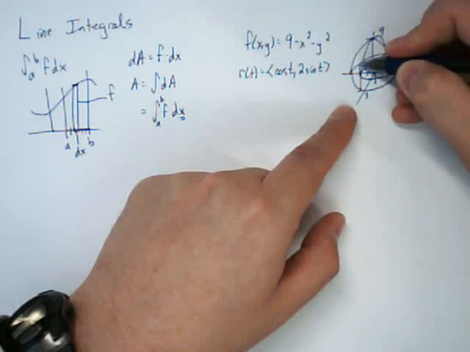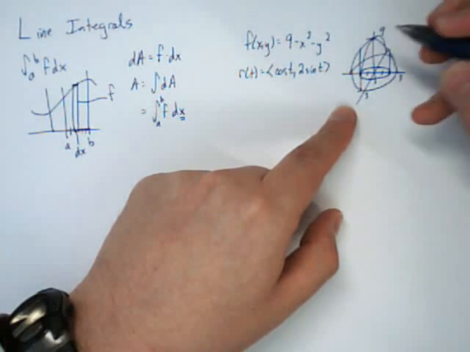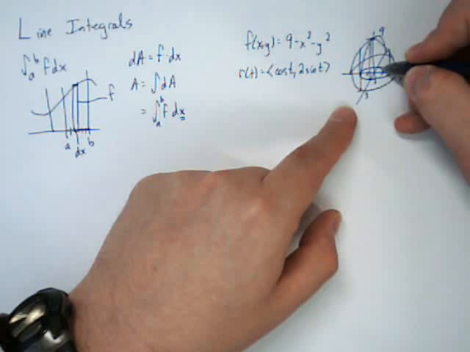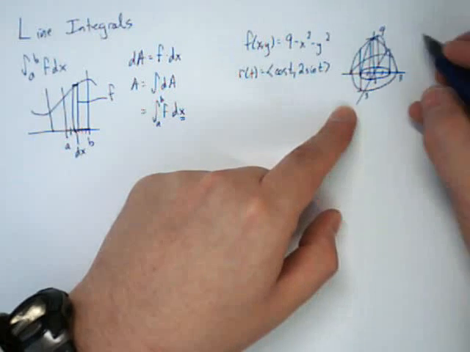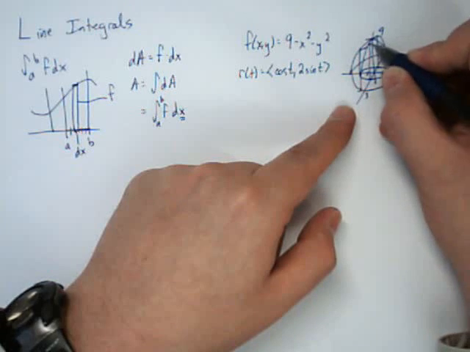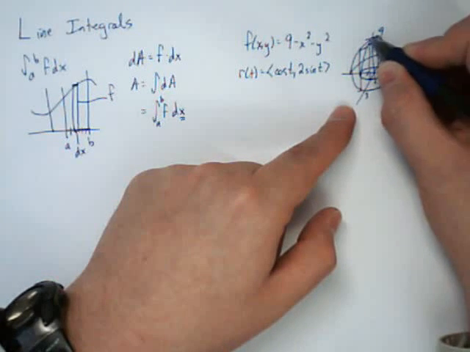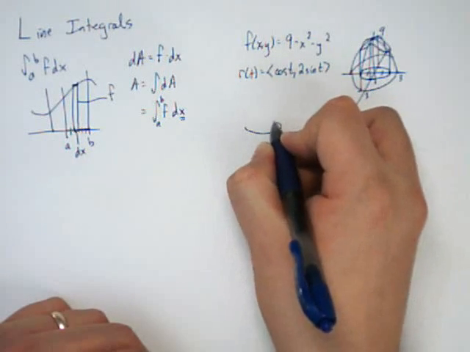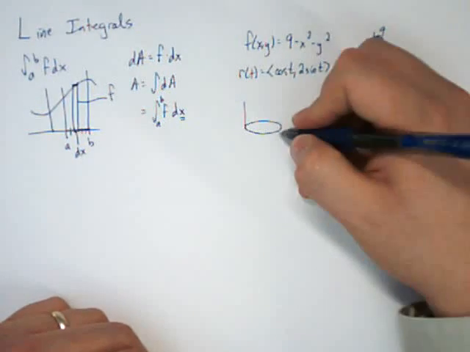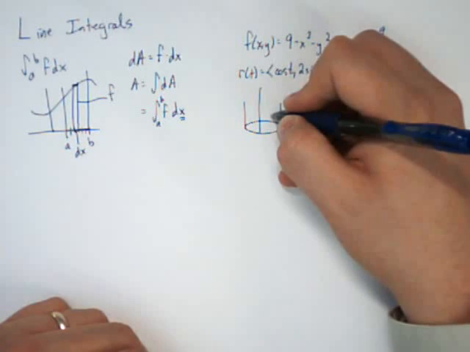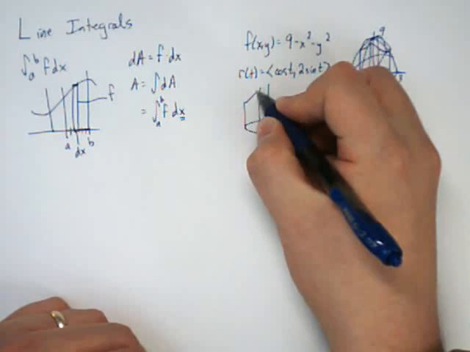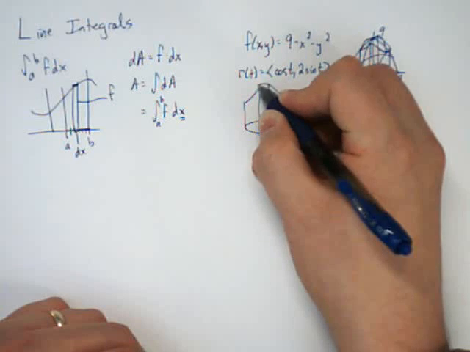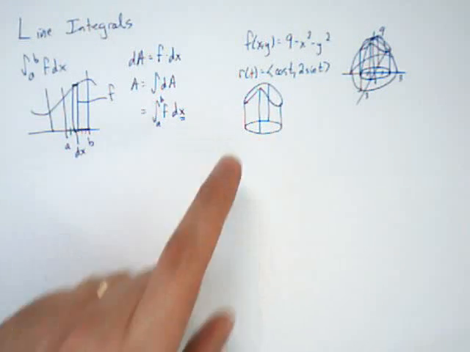Well, above the ellipse, we can use the function 9 minus x squared minus y squared to give our heights, and we're going to look at the region in space above the ellipse. We'll keep the sides in place. We need a height that hits the paraboloid. It's kind of like a roller coaster, but we're going to keep track of the sides.